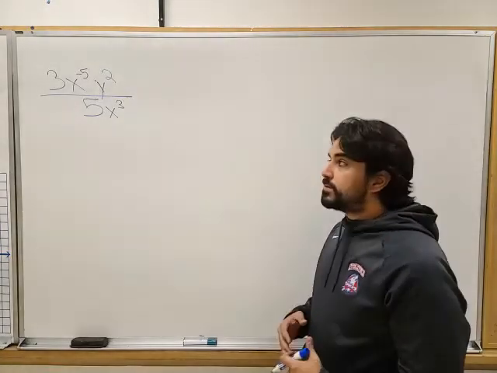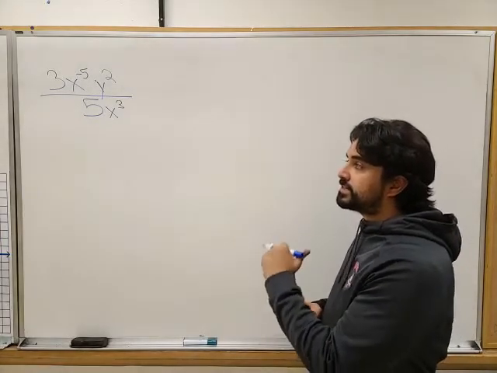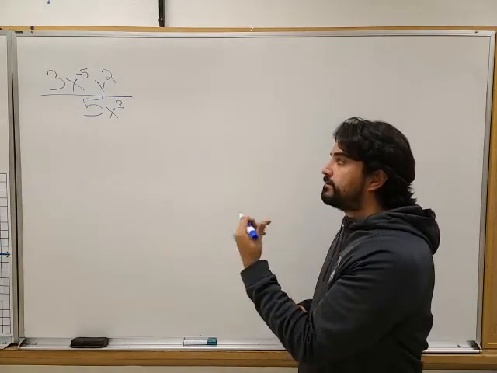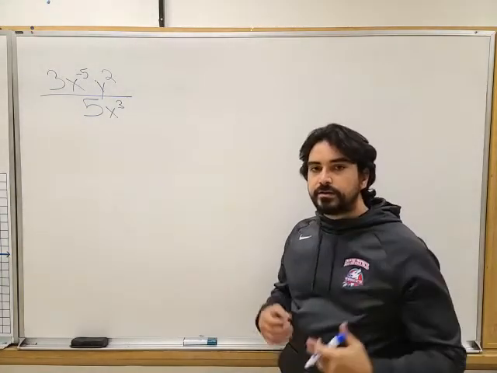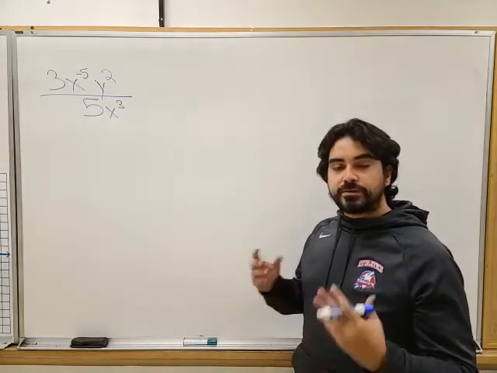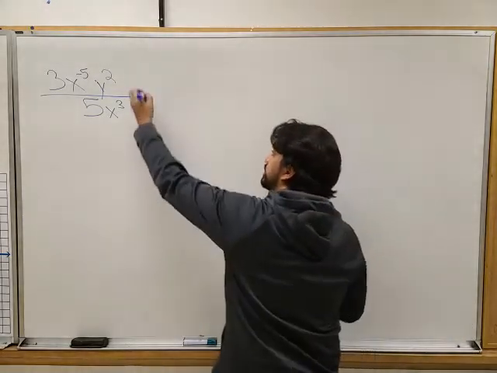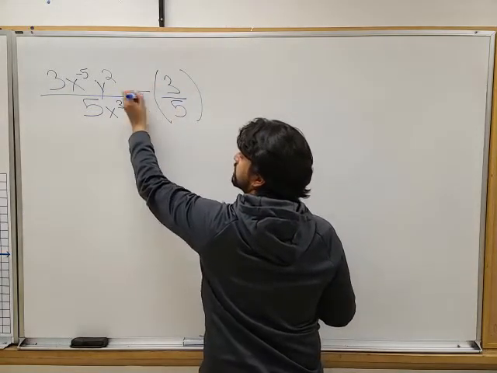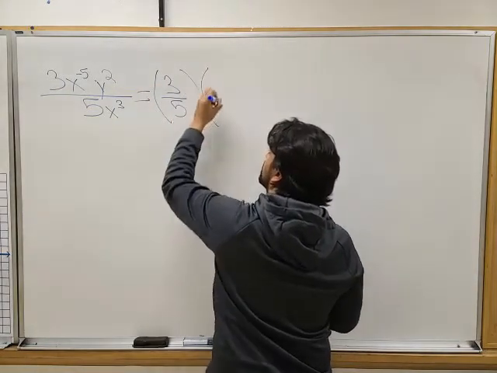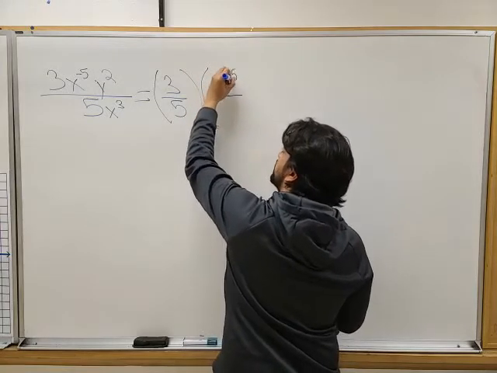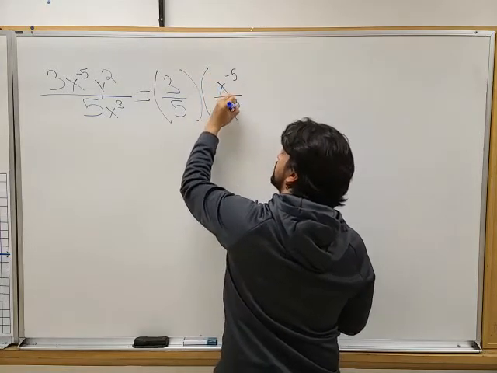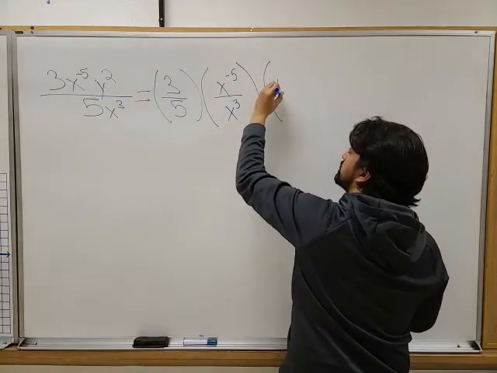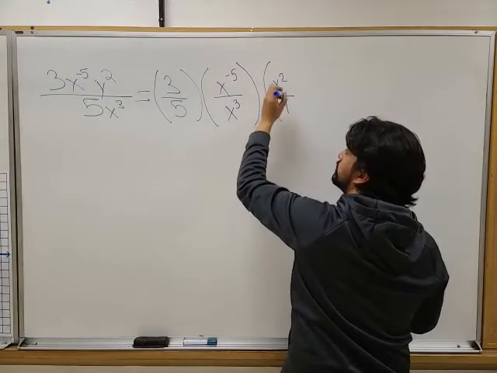All right, in this problem, in the numerator, I have 3 times x to the power of negative 5, y to the power of 2, over 5x to the power of 3. Whenever we're doing this, let's go ahead and separate them by like bases. So we have 3 over 5, x to the power of negative 5 over x to the power of 3, and then we have y to the power of 2 on top over 1.